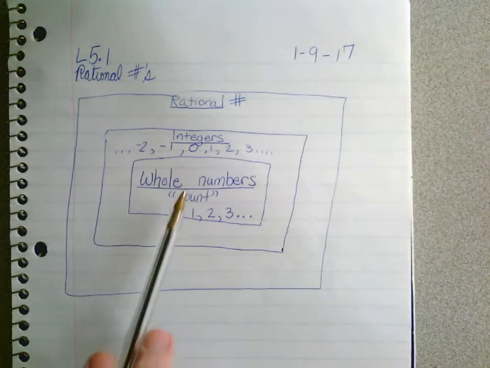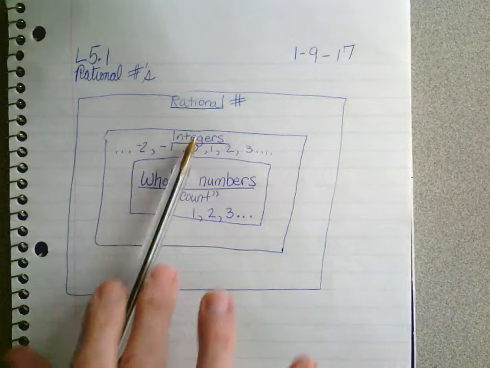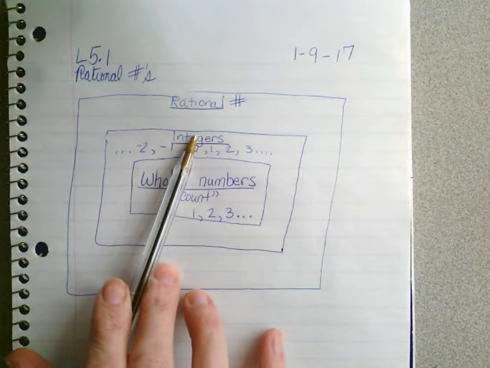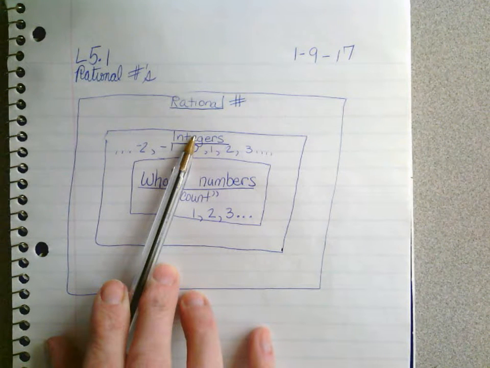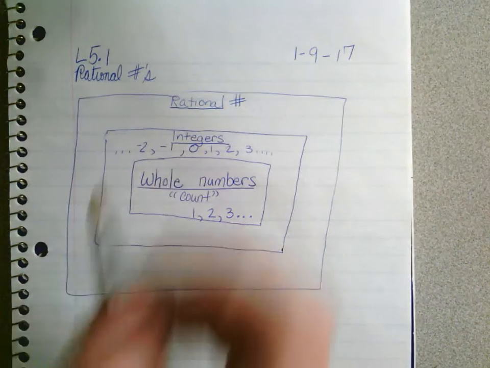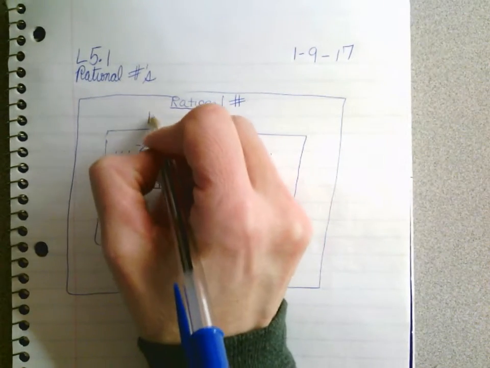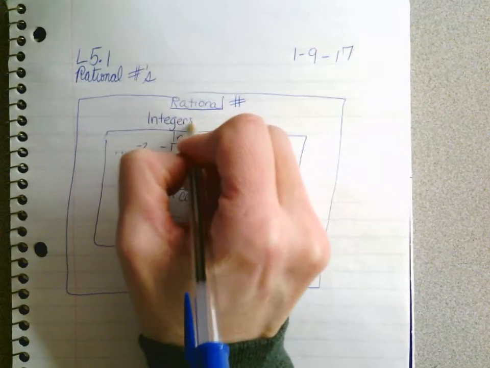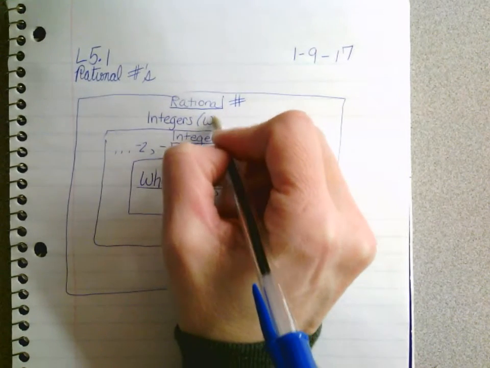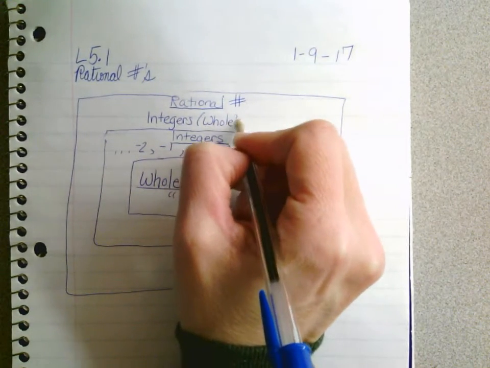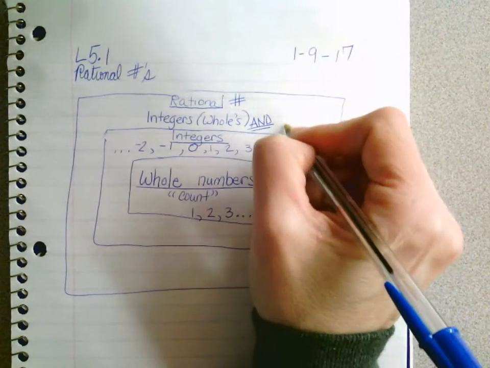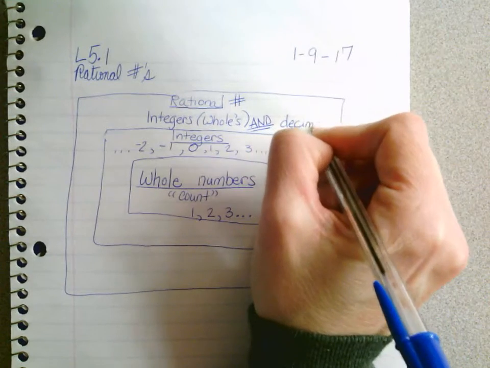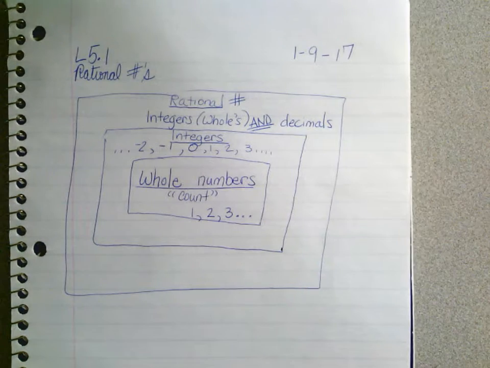Rational numbers include whole numbers, which include integers, but add to that fractions or decimals. Okay? So rational numbers are integers, which include 1, 2, 3, 4, 5, but it also includes portions, so decimals.